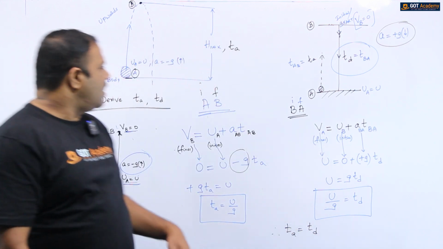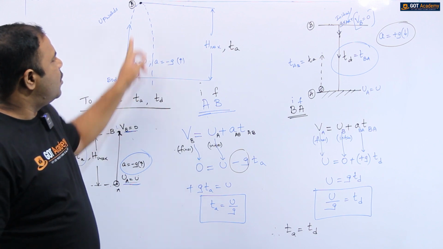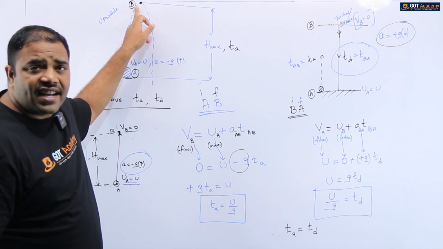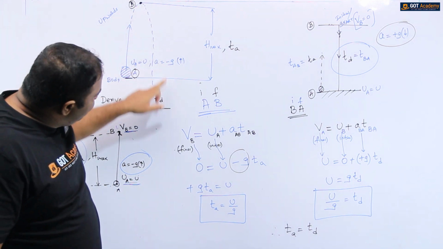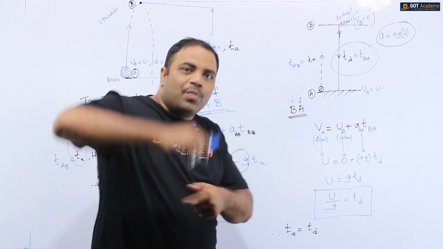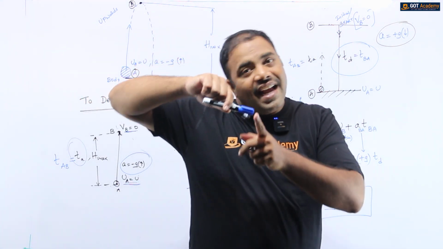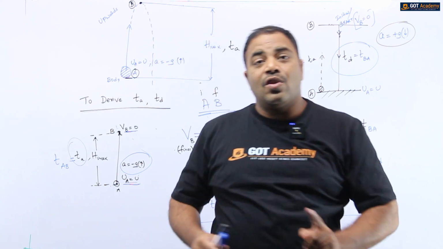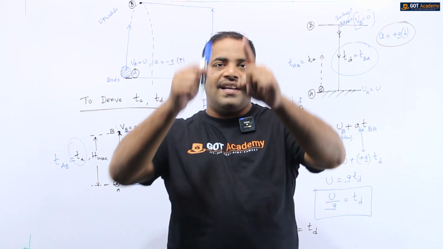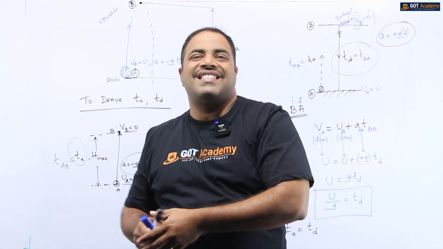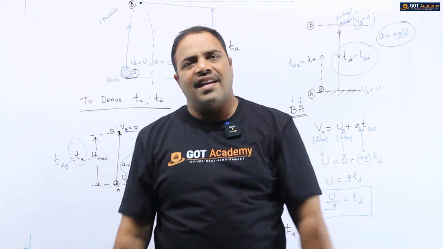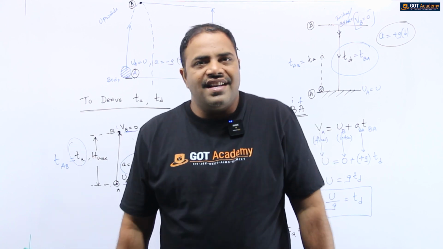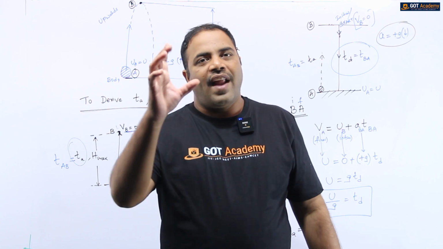Its journey started at point A to B, that is ascent, and then it stops. Again from B to A, it returns. So A to B and again returning from B to A are two different journeys. A to B is ascent and B to A is descent. I have to combine everything, then only I will get the total journey. So the total journey is nothing but the time of flight.